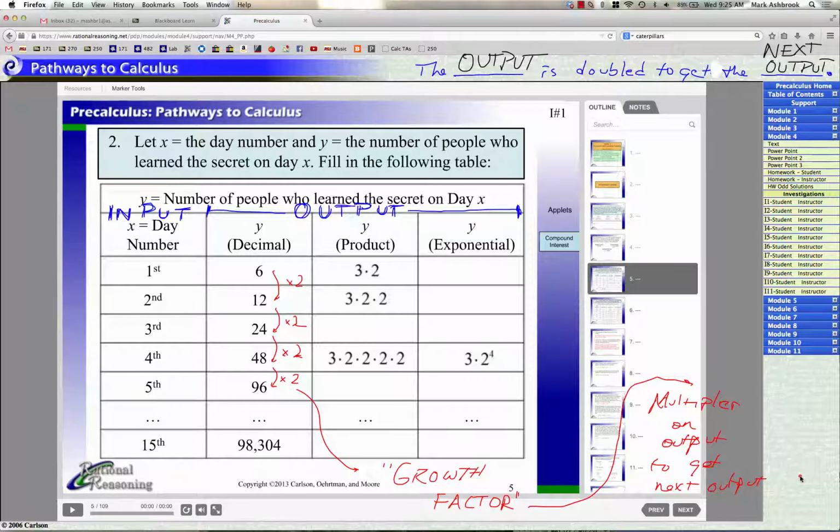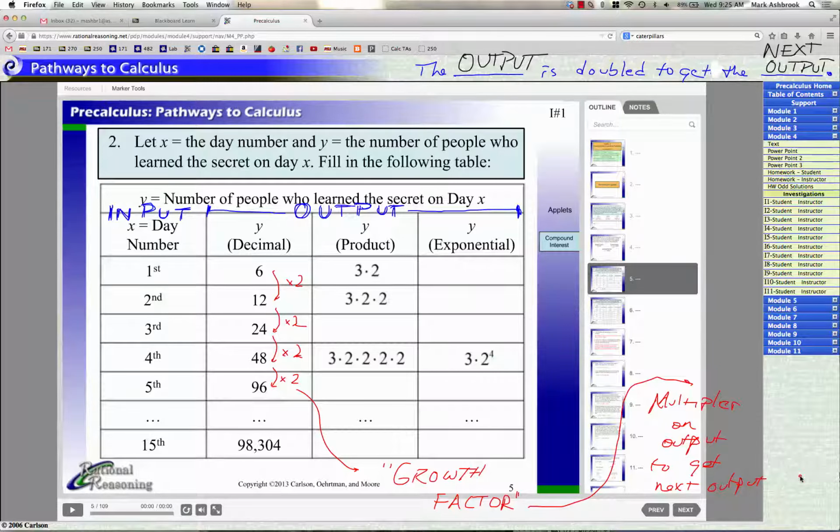But what if the growth factor was 1.01? As long as it stays 1.01, then it's exponential growth because you have this constant number that you keep multiplying the output by. But you're going to get super slow growth, like the red graph I showed you. It's just going to gradually go up.